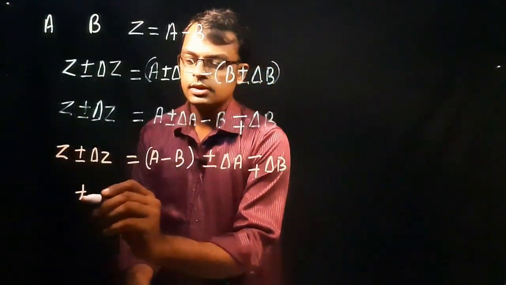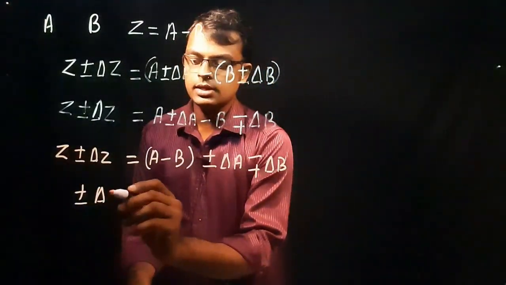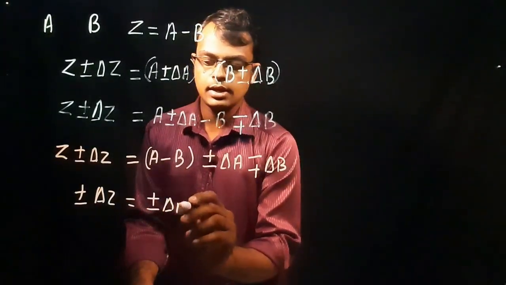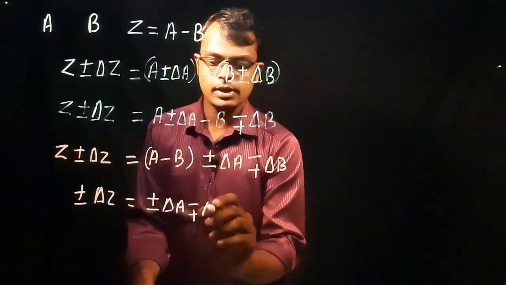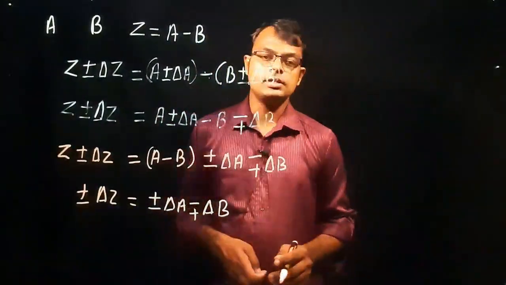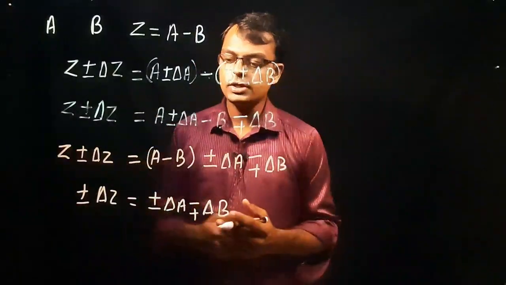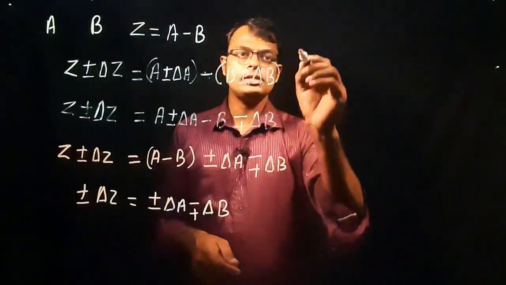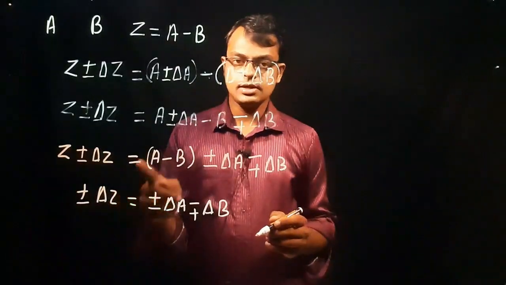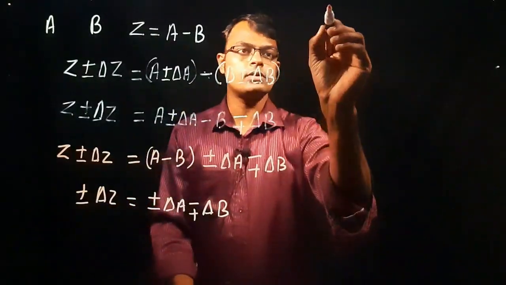We can write delta plus or minus delta z is equal to plus or minus delta a minus or plus delta b. So you can see here, now what are the different combinations of errors. I can see the combination of errors in delta z, there are 4. What is the first one?